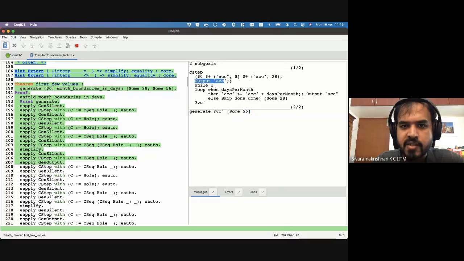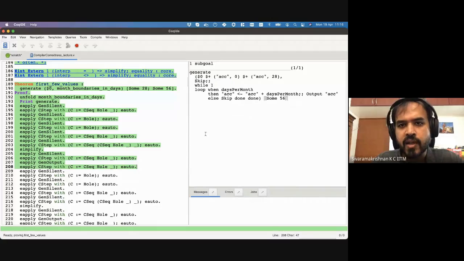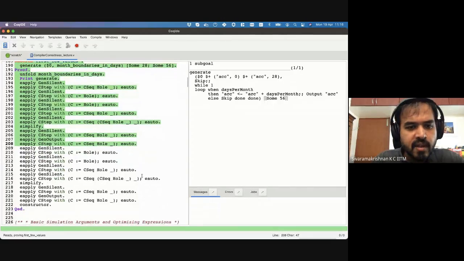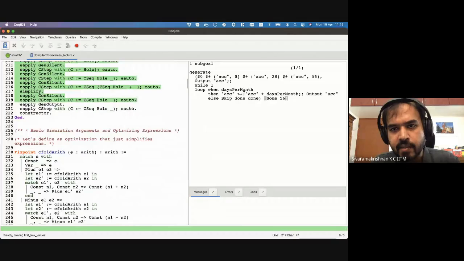So I'm going to reduce this term. I choose the C seek whole underscore because this is a sequence command, with the first command being output, second being while, and then you do E auto. This will go through, right? So we have output at 28, that's gone. So now I have 56. You keep reducing step by step, until you again come to this step where you're going to output the accumulator.